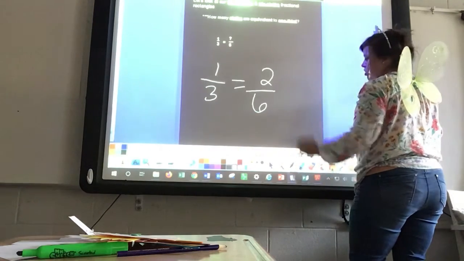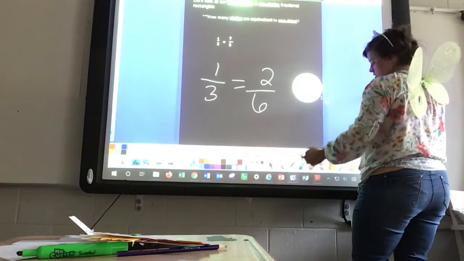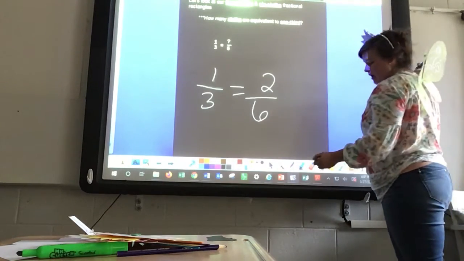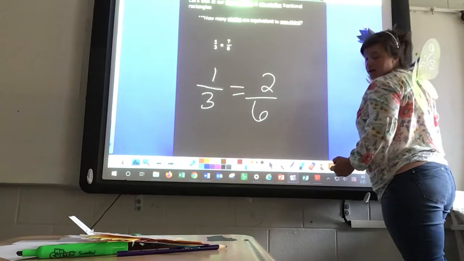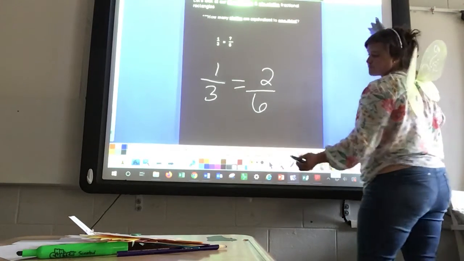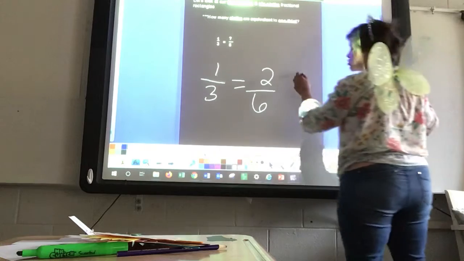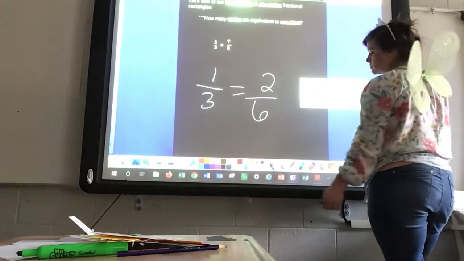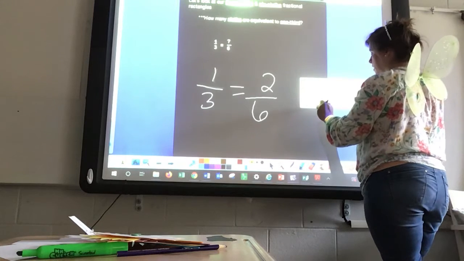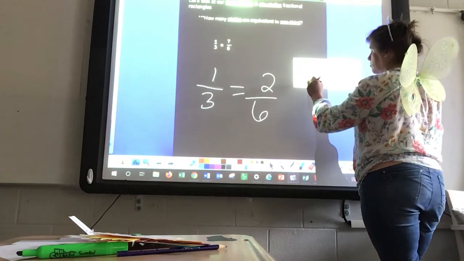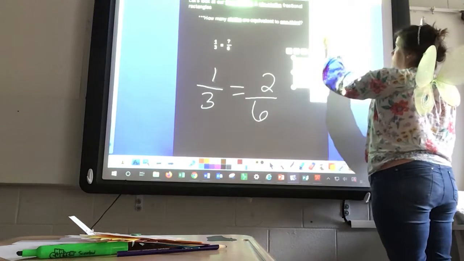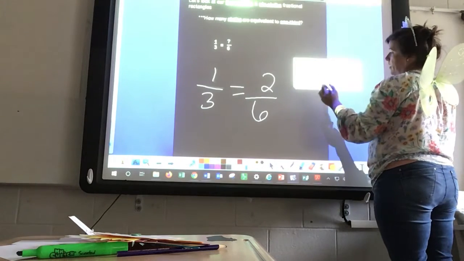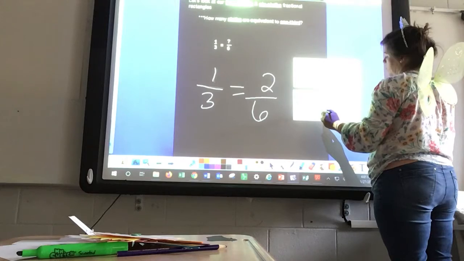And if I wanted to show that visually, I'm going to double my whole because I need 2 to compare. And then I'm going to paste it. Here are my 2 wholes.